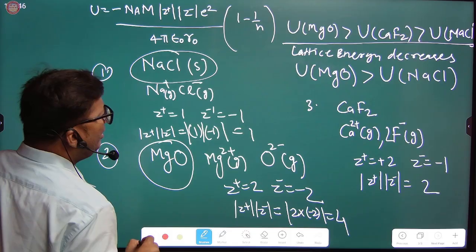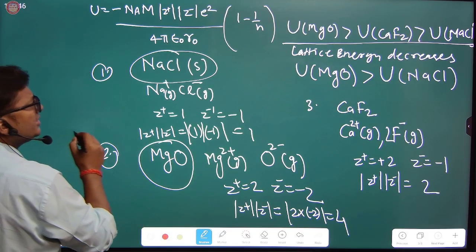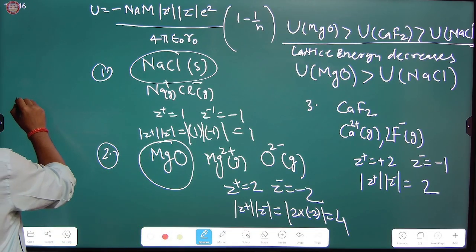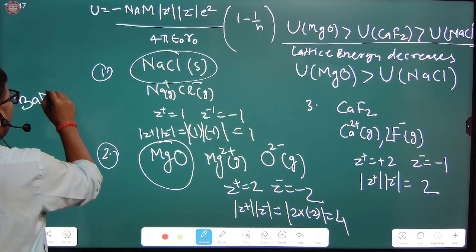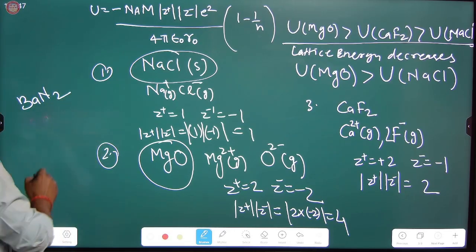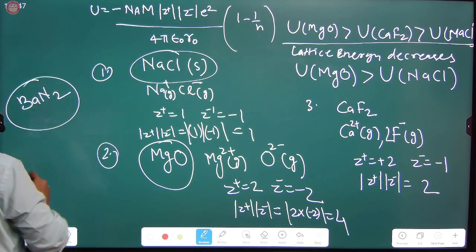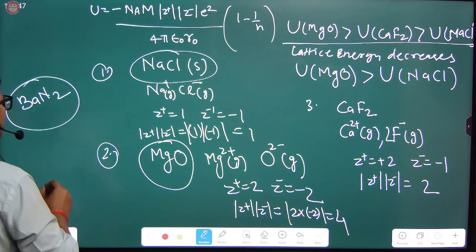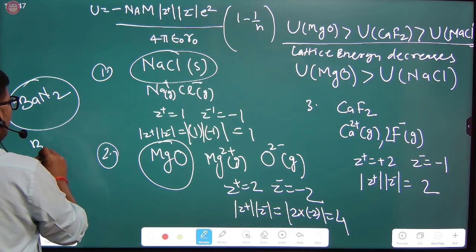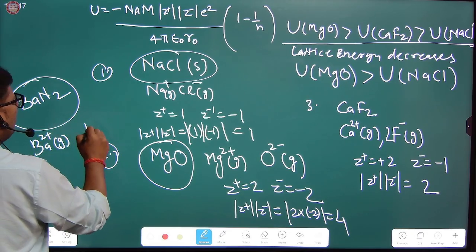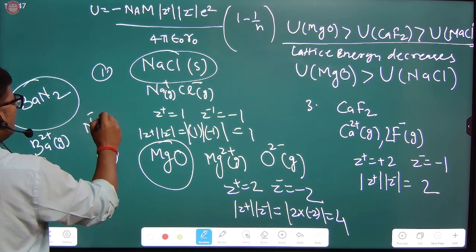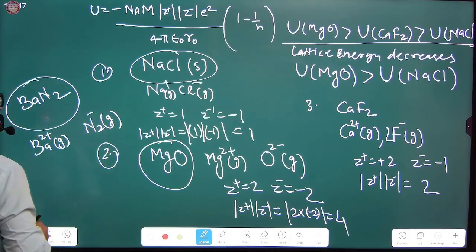So what is the lattice energy? Suppose we have barium diazide, BaN6, right? So this is barium diazide, which has barium 2+ in the gaseous state and azide ion N3- in the gaseous state, right?